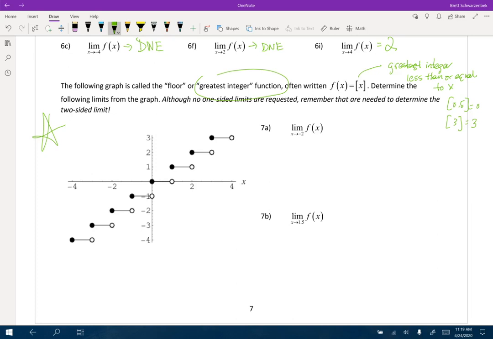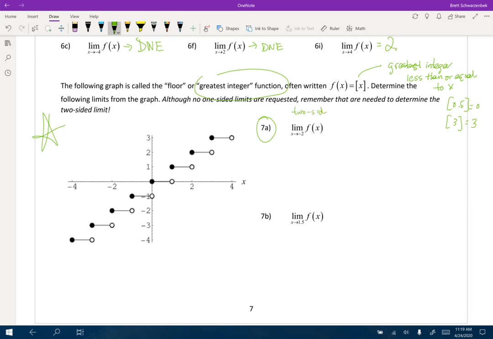So look at 7a. The limit as x approaches -2 of f of x. The first thing you should notice is that there are no plus or minus signs in the superscript of -2 under the limit, which means that this is a two-sided limit.